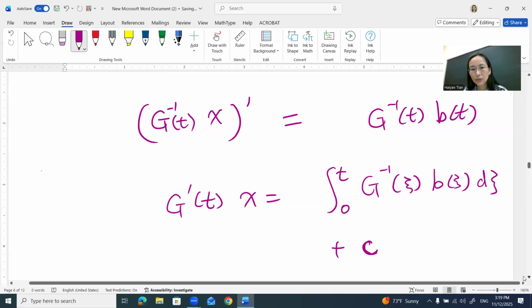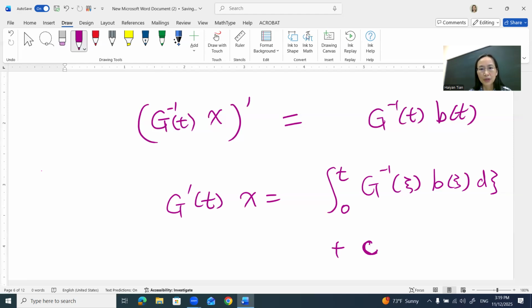Now there's one thing to fix. It is this one without the prime; it is G inverse.